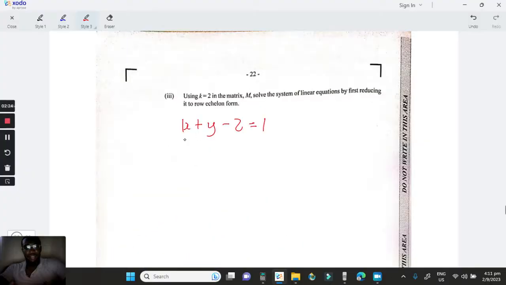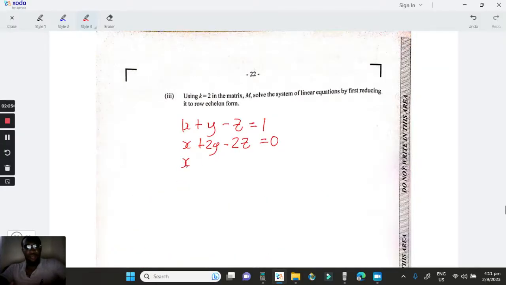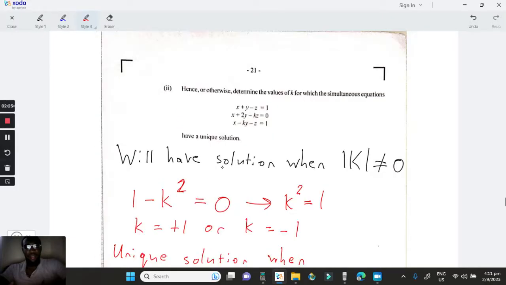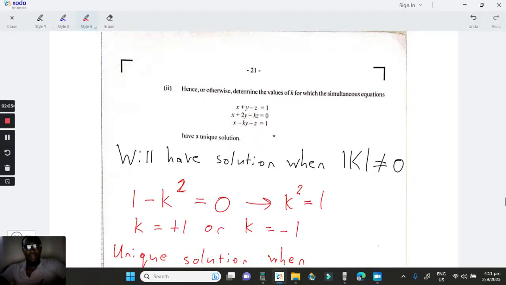Then we have x plus 2y minus 2z equal 0. And then we have x minus 2y minus z equal 1.